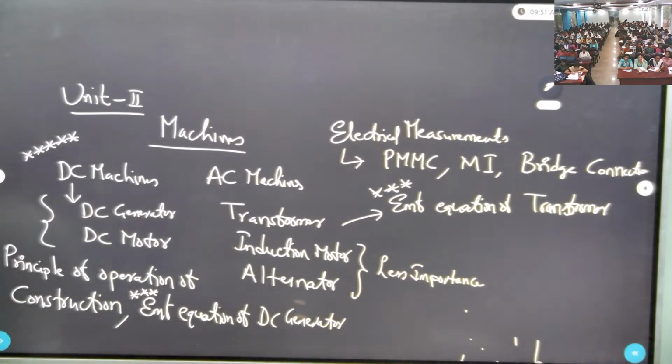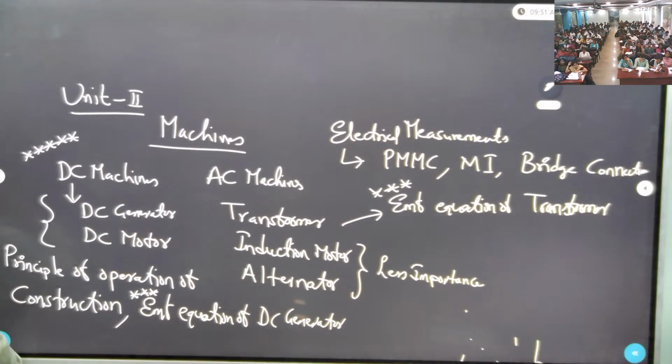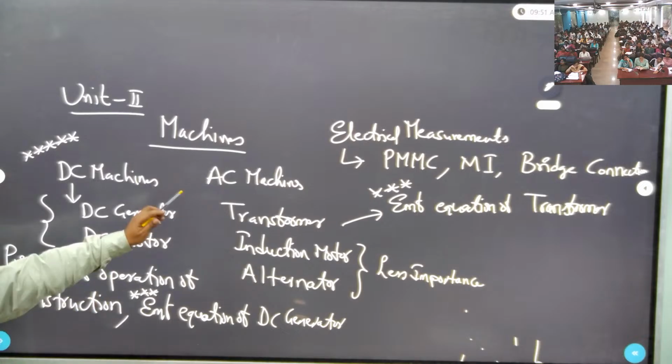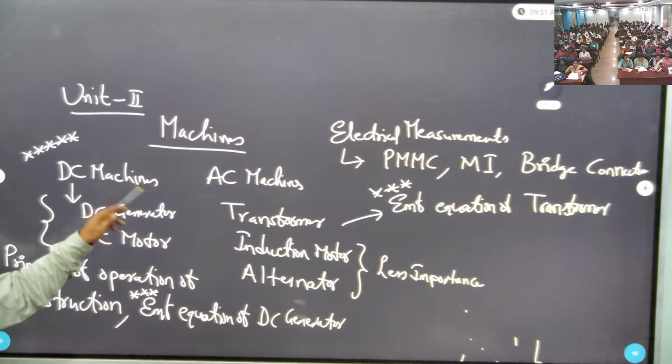What is meant by PMMC, permanent magnet moving coil instruments; what is meant by MI, moving iron instruments; the principle of operation of PMMC and moving iron instruments; and the Wheatstone bridge, how it operates. In the second unit, if time permits, I will complete electrical measurements. Otherwise, we will complete the total thing today. We'll study one by one.